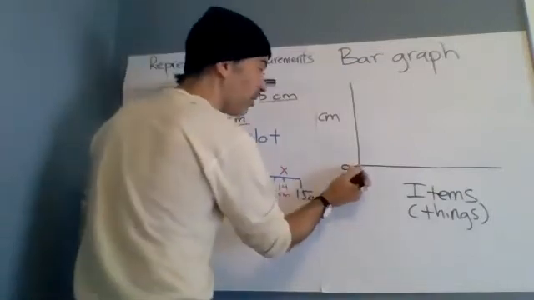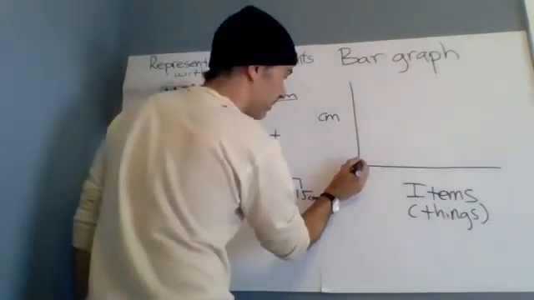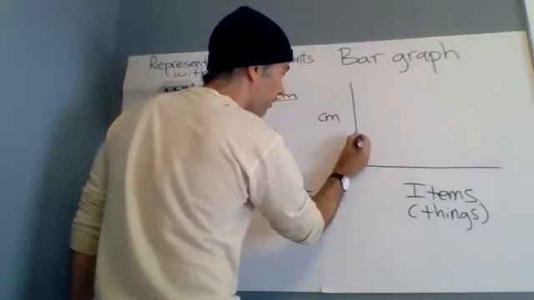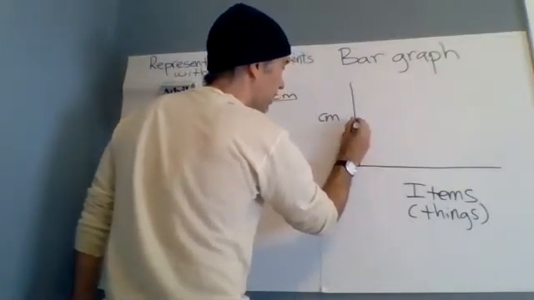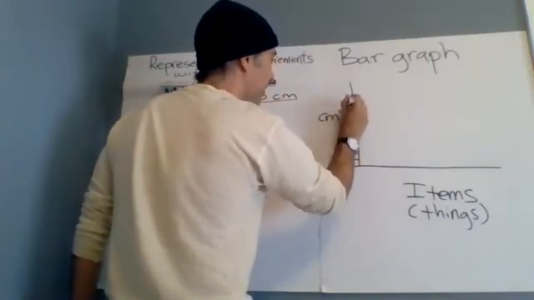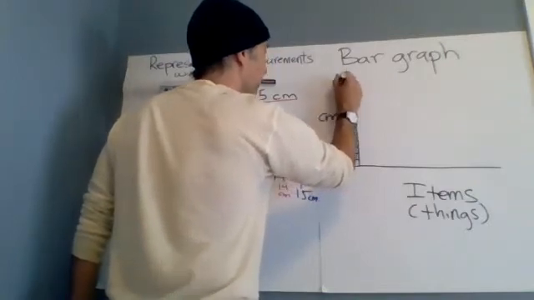So, if this is 0, I'm going to go up by 1 centimeter. 1, 2, 3, 4, 5, mark that. 6, 7, 8, 9, 10, mark that. 11, 12, 13, 14, and 15.